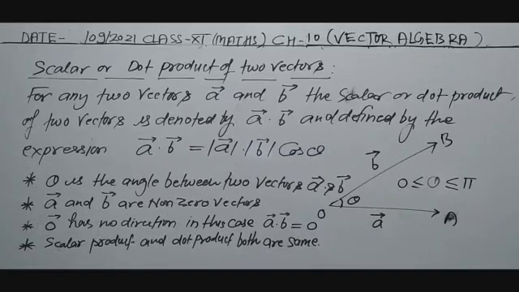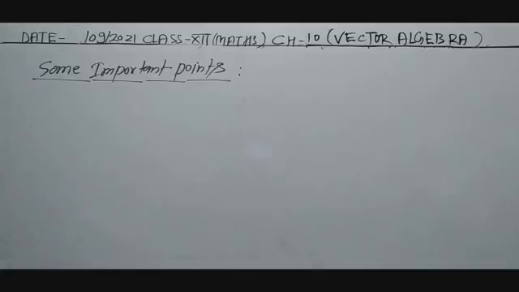Now I will come to the next topic: some properties, or some important points related to the scalar or dot product. The new heading is some important points related to the dot product.